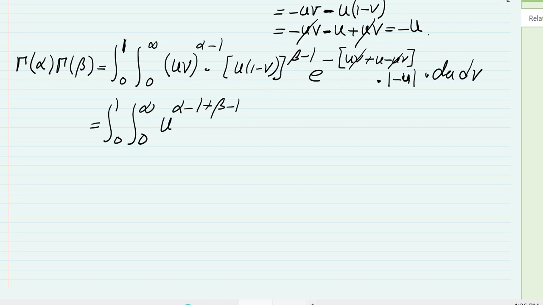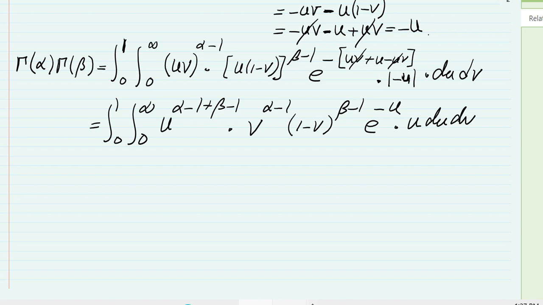And then we come to v times v to alpha minus 1 times 1 minus v to beta minus 1, and this is just e to negative u. The absolute value of negative u is going to be u, and then du dv.